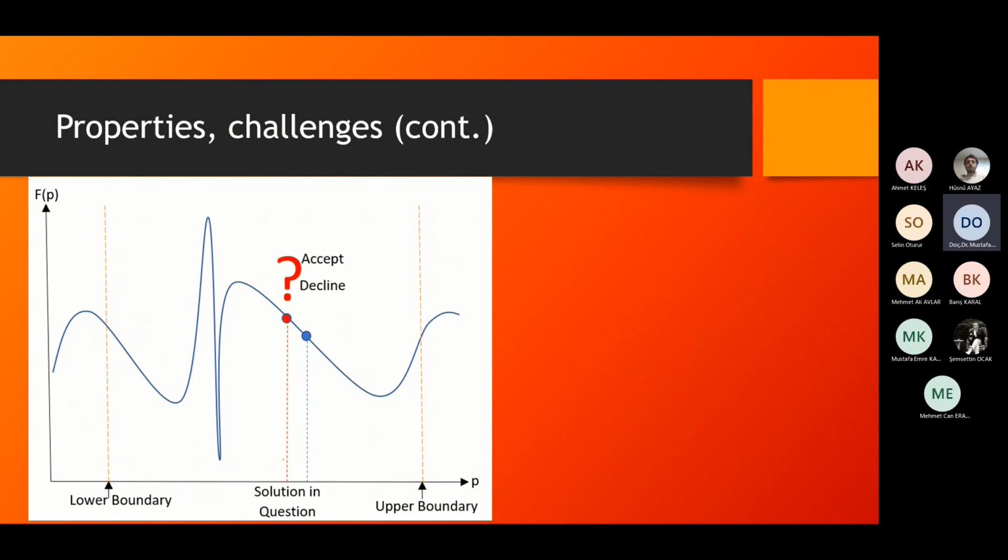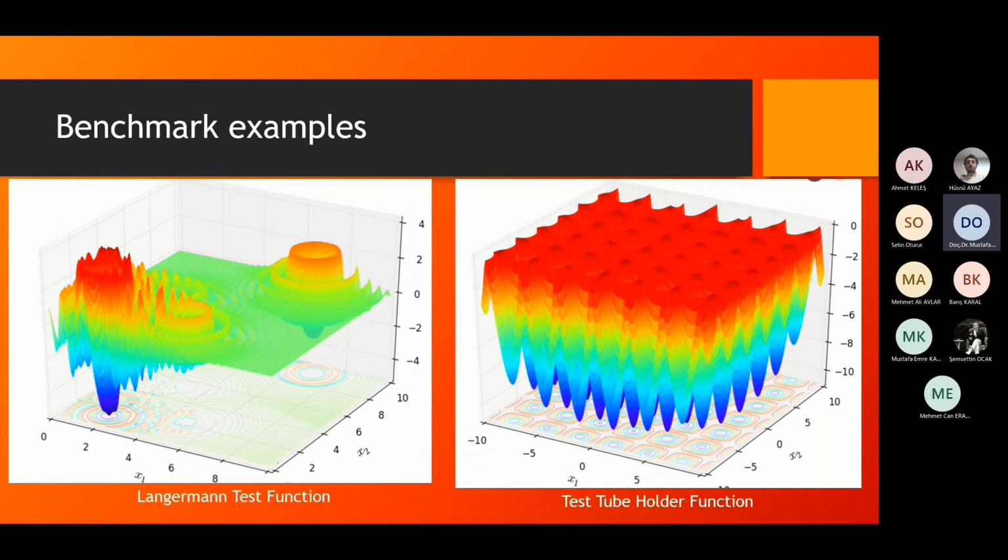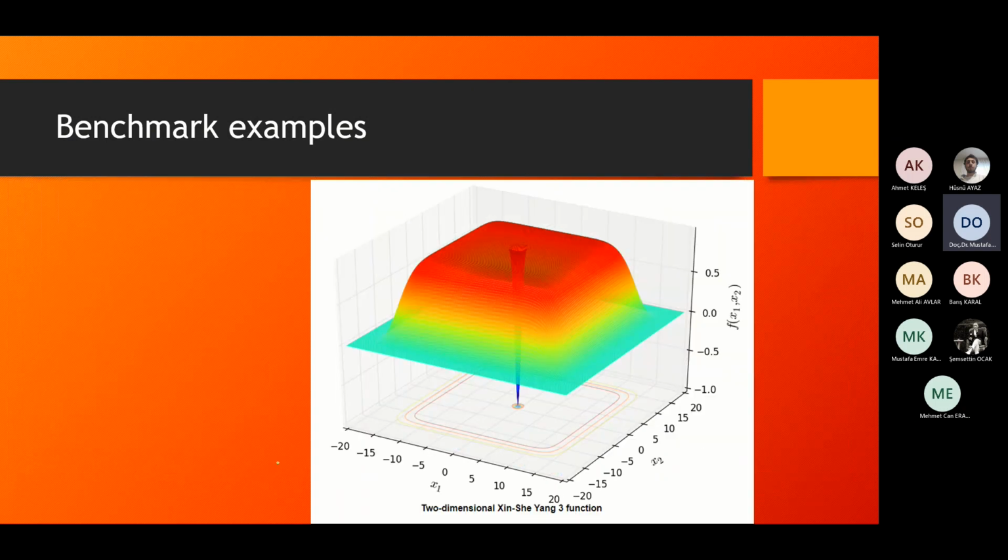Anyway, if we have some idea about solving problems, a new idea maybe, what we should do is try it on the test functions. These test functions are proven to be difficult, posing challenges to the algorithms we are proposing.